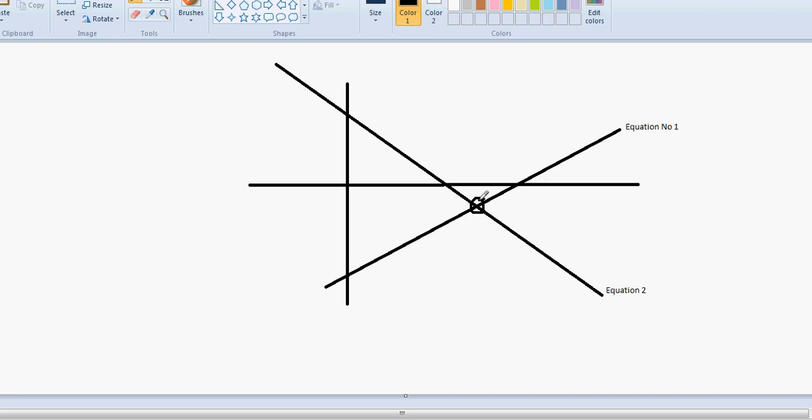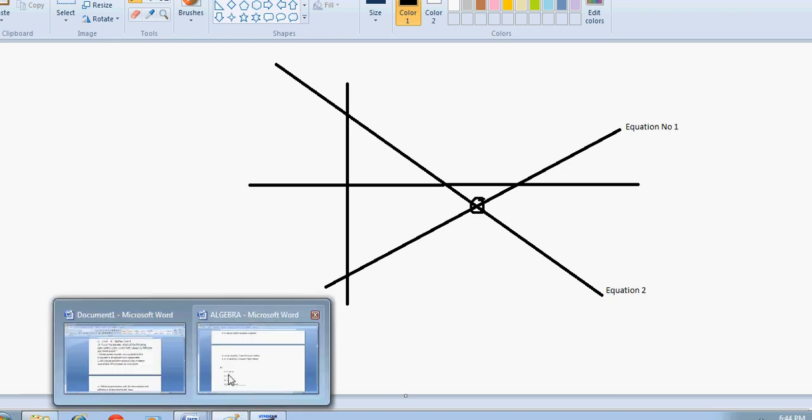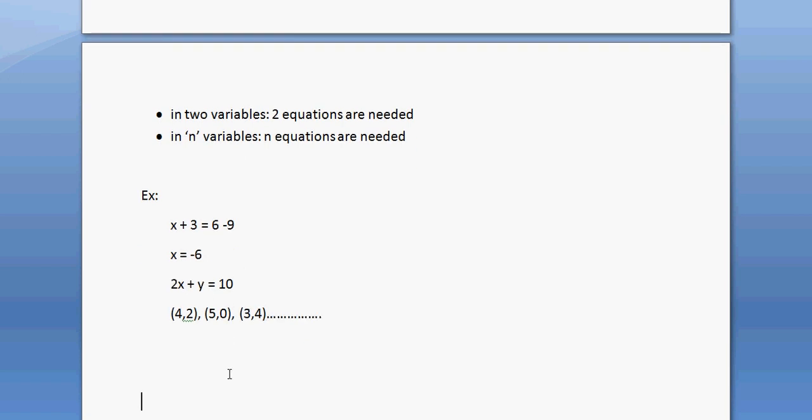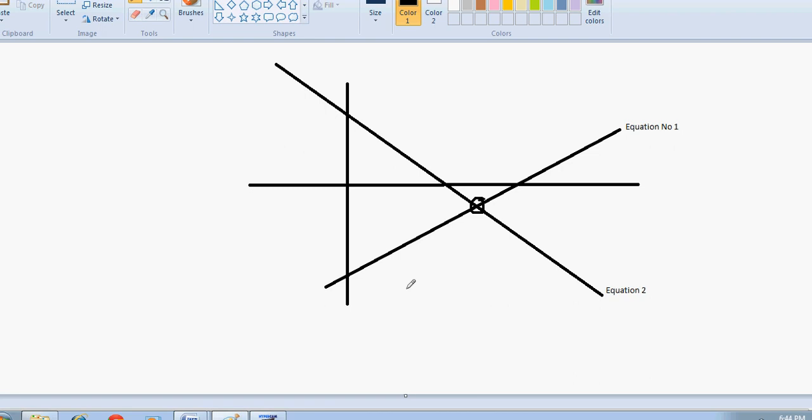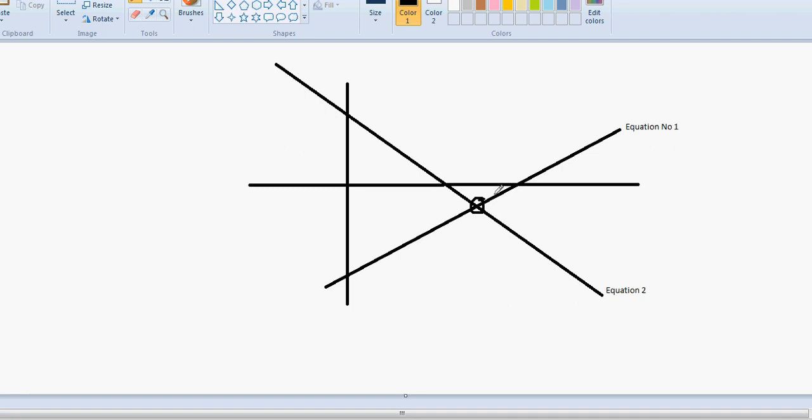So this point is called the solution of the linear equation, right? So that's what we mean by solution of the linear equation. Simple, that's the solution of a linear equation. So when two lines intersect, there is this unique solution, right?